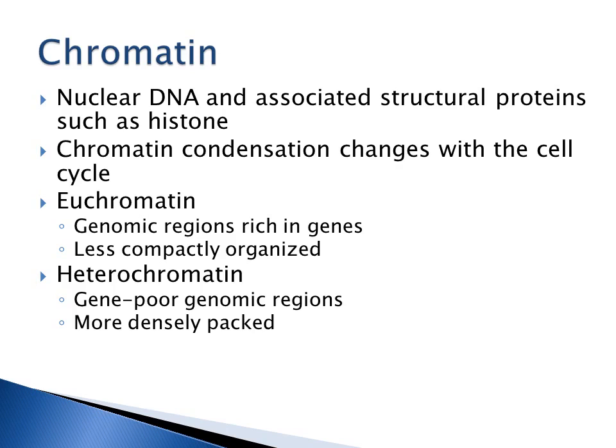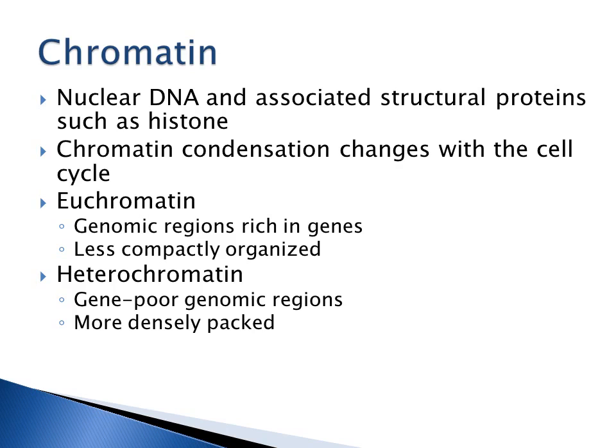Chromatin is your nuclear DNA and all of the proteins, such as that histone where your DNA wraps around it. So all that makes up your chromatin. And during cell cycle development, your chromatin is going to change in its condensation. You have euchromatin.